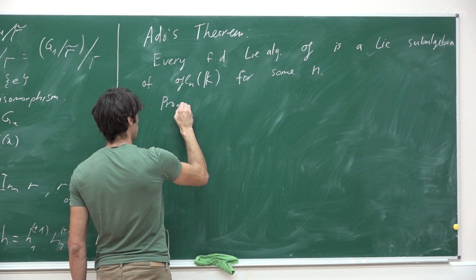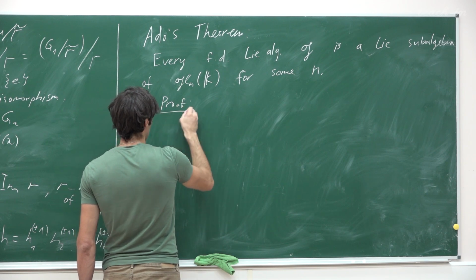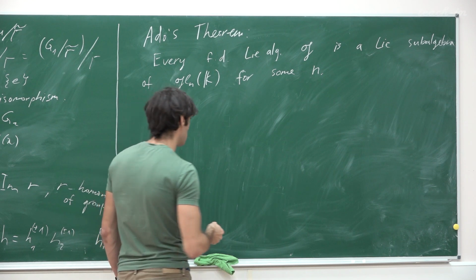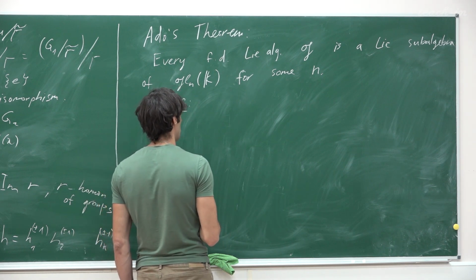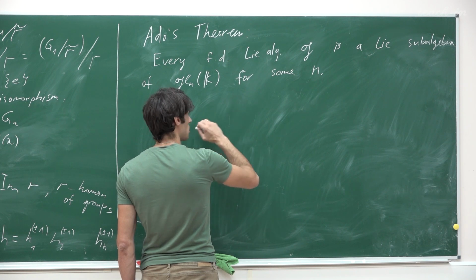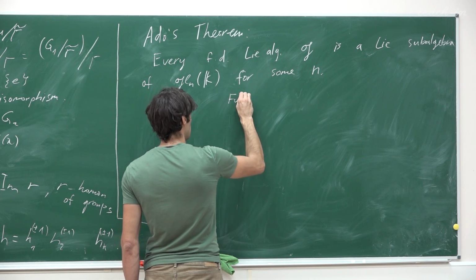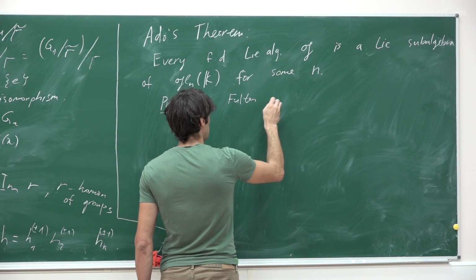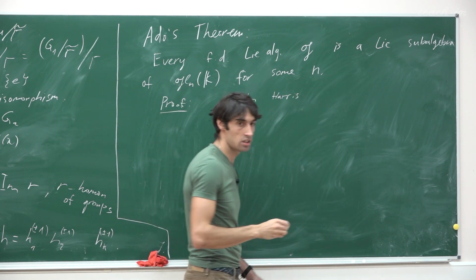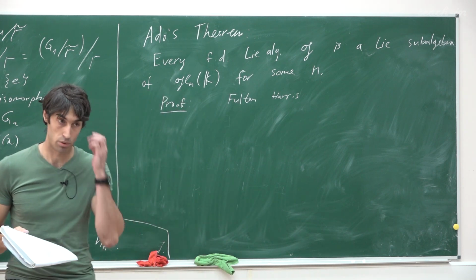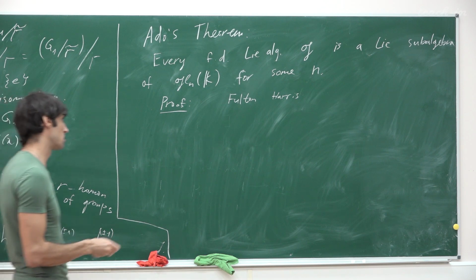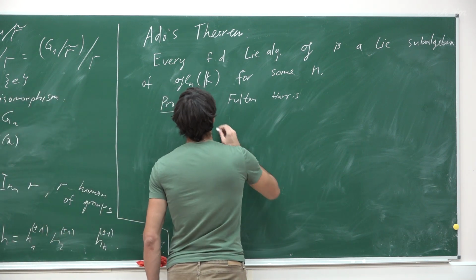If you are very interested and don't want to wait until we know all the structure theory, the proof is in Fulton-Harris. I think it's written in the appendix there, and it's a good proof that's understandable.